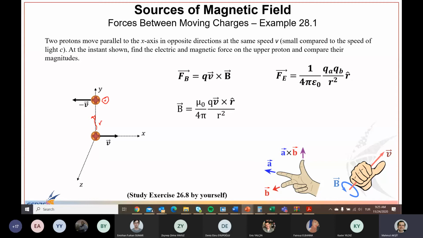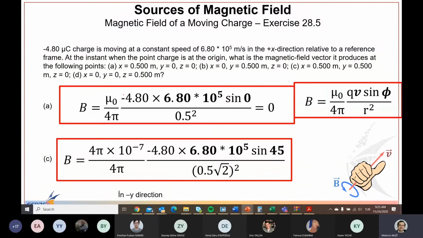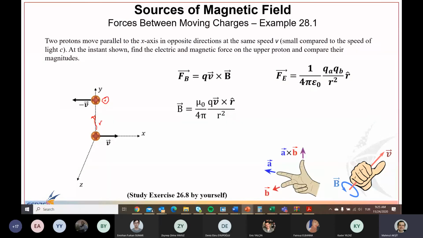The magnetic field applied by the motion of this charge will be towards us, right? And for the magnetic field applied due to this particle, the velocity is that way, so it's going to be towards us again, for this particle too.